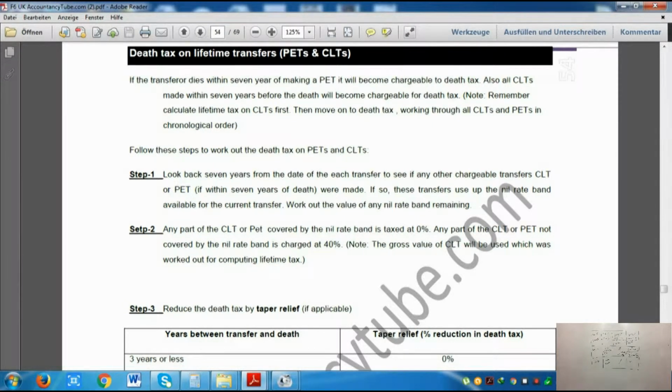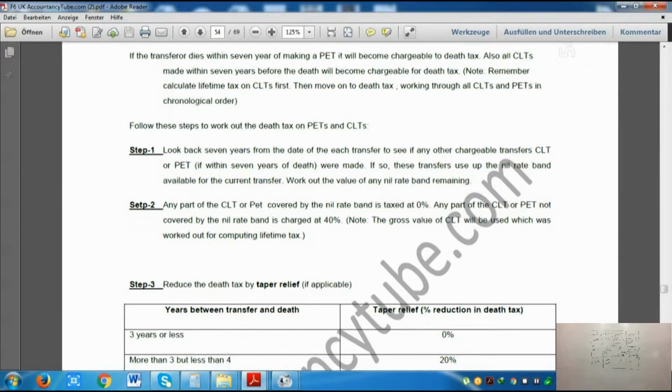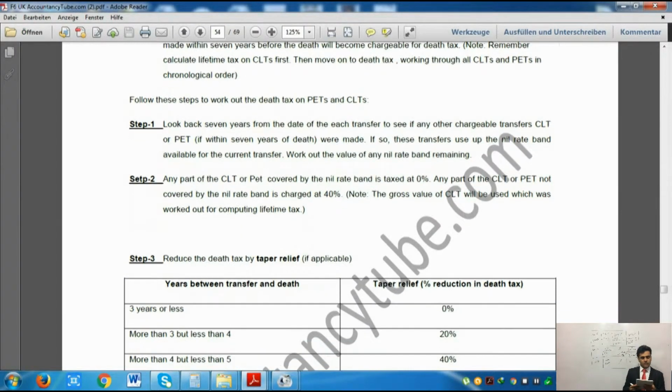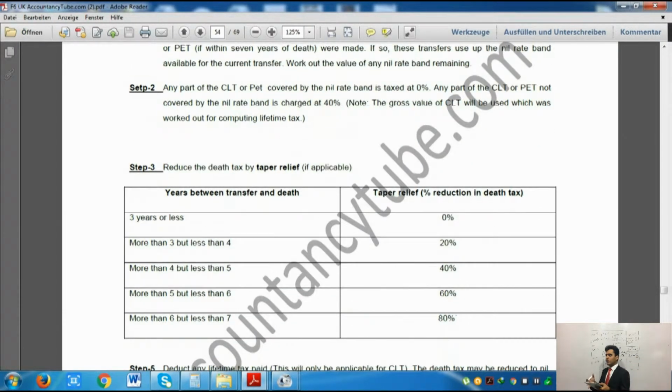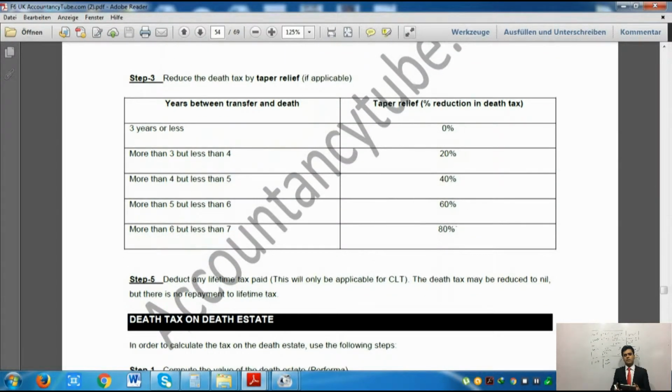Now after calculating the tax, we'll have to reduce that tax by something called taper relief. Now what is taper relief? Taper relief is another relief, given as a percentage reduction. If someone dies more than 3 years after donating, then they will be eligible for taper relief.